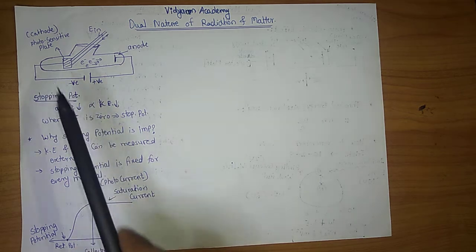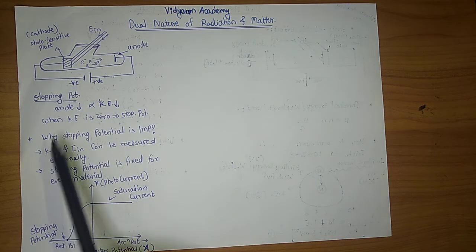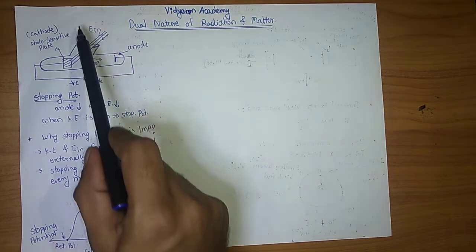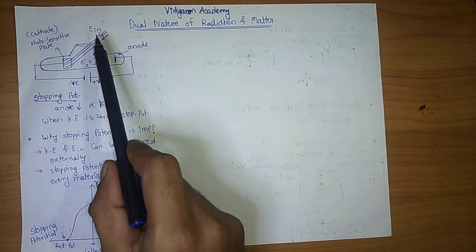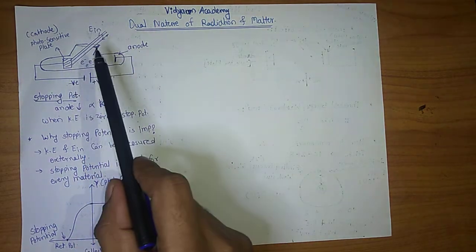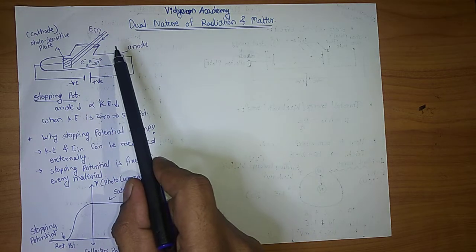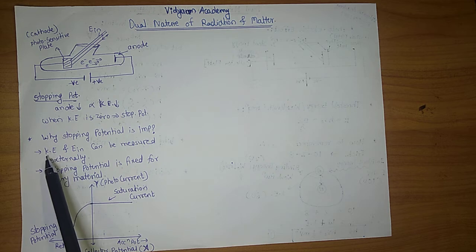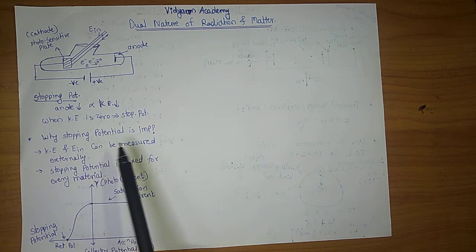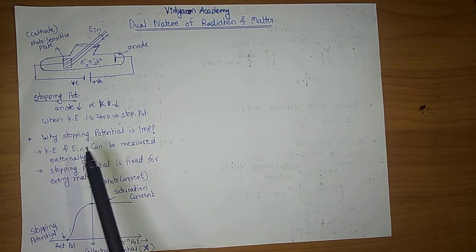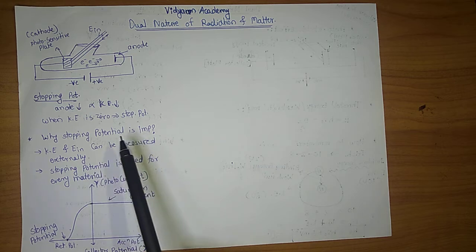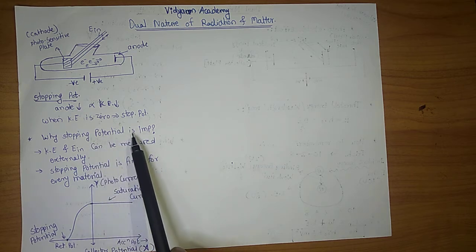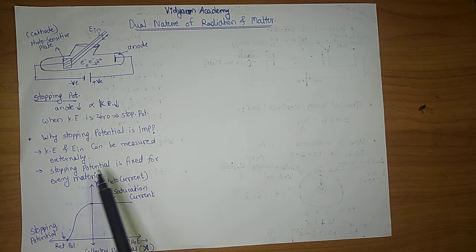Friends, as we have seen in the last video, we are going to make external energy incident, as well as we can measure the kinetic energy, so that kinetic energy and incident energy both are external and both can be measured, but stopping potential is fixed for every material.